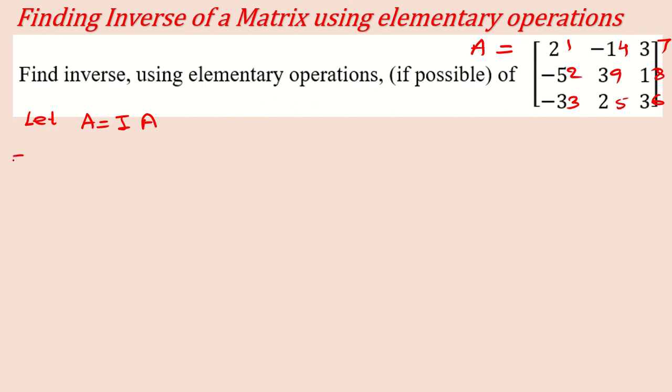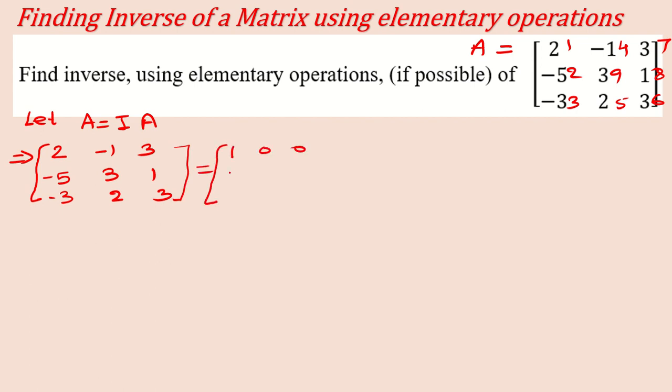Now write the values of A. So matrix A is 2, minus 1, 3, then minus 5, 3, 1, then minus 3, 2, 3 equals I, meaning identity of order 3. So 1, 0, 0, 0, 1, 0, 0, 0, 1 into A.